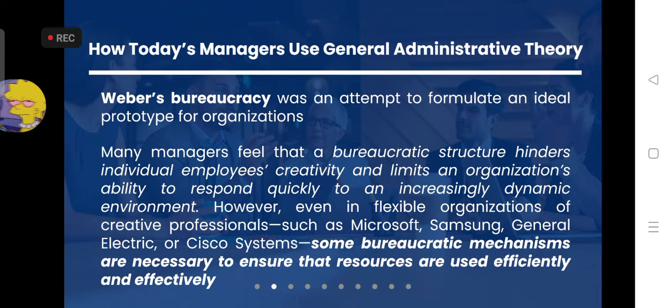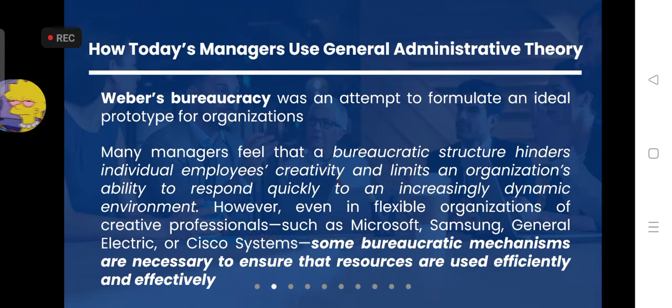His model isn't as popular today as it was in the 20th century. Some bureaucratic mechanisms are necessary to ensure that resources are used efficiently and effectively. So Weber's bureaucracy was an attempt to formulate an ideal prototype for organizations.